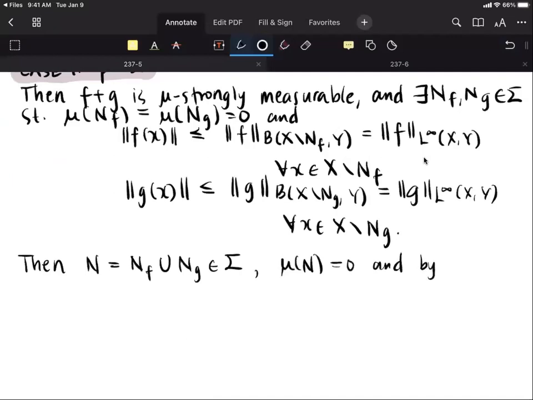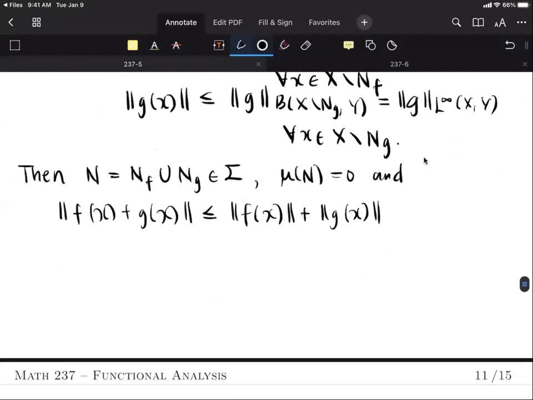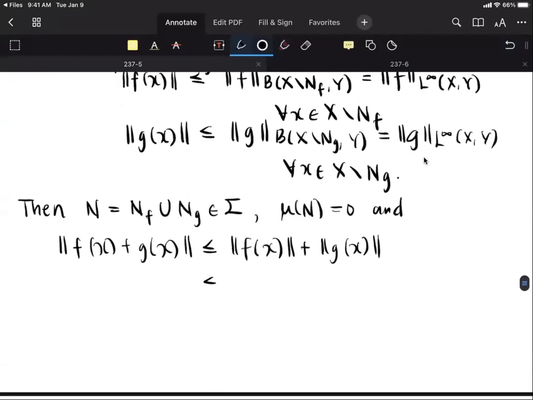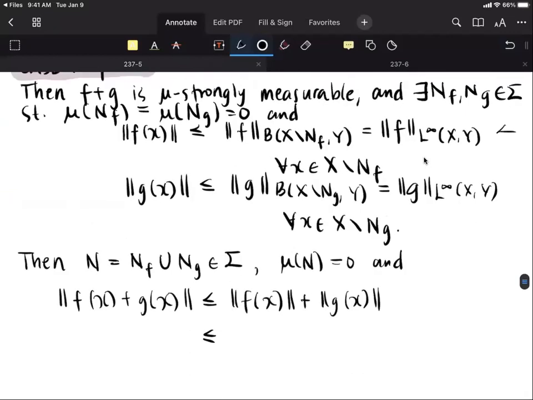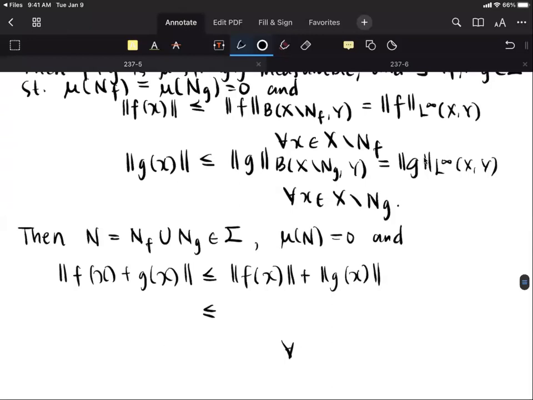And by the triangle inequality, you can see that the norm of the sum is less than or equal to the sum of norms, and then this is less than or equal to, according to these two inequalities, note that these are now applicable since x is neither in N_f nor in N_g, that is, x is in X minus N. So you have here this value with respect to f, and this value with respect to g.